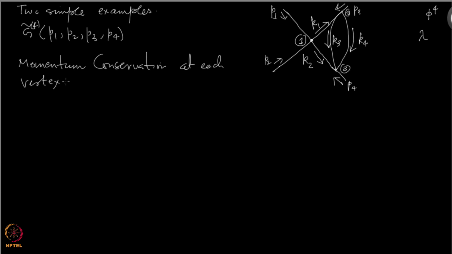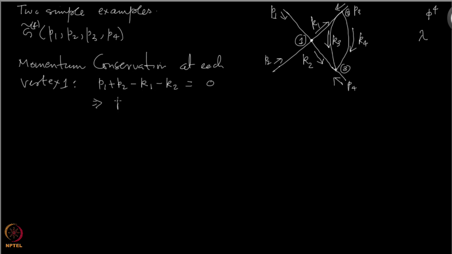So, at vertex 1 we have p1 plus p2, these are external momenta, and k1 and k2 are momenta which are leaving the vertex. So, minus k1 and minus k2 are entering the vertex, and that sum should be 0. Okay, that is what you get from momentum conservation, which means that k2 I can write in terms of p1, p2 and k1.